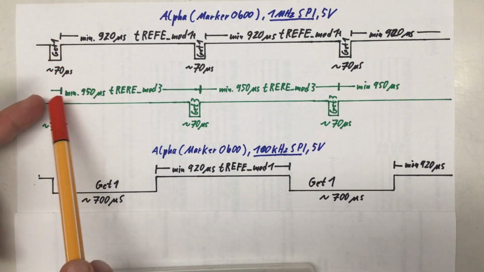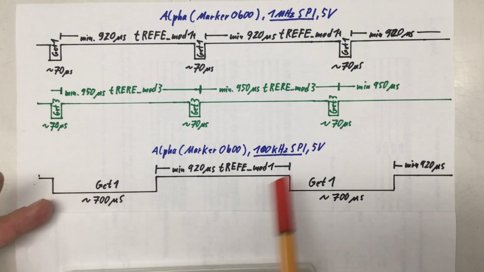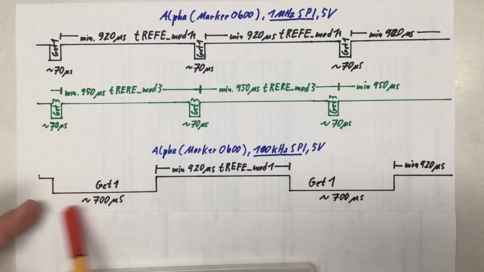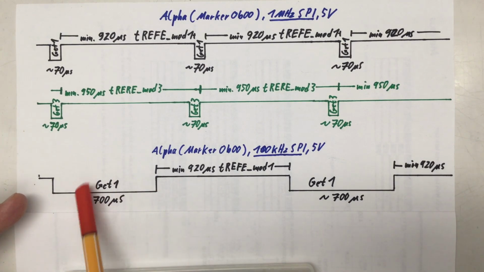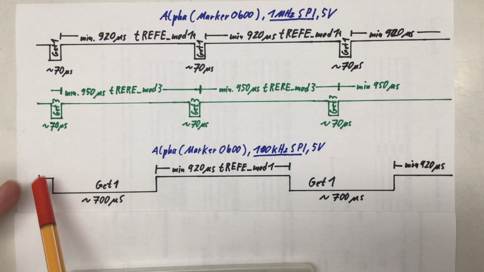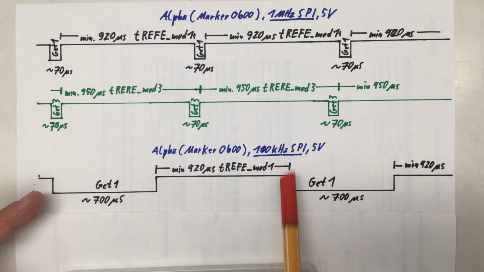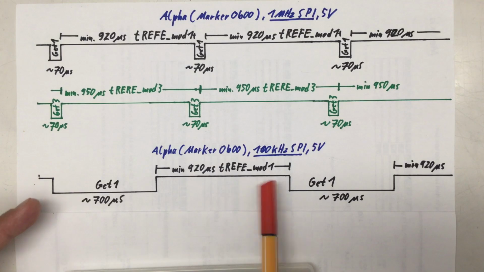Then our SPI transactions are 10 times longer because our SPI bus is 10 times slower. So we have here 700 microseconds. And for the Get1 commands, that means I have 700 microseconds, then I wait again until the next Get1 command, 920 microseconds.